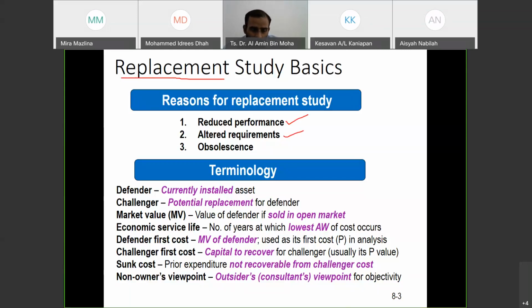Maybe if you are in a manufacturing firm, you have certain machines to do certain things, but later on after 10 years, the technology changed. You want a more automatic operation, so you need new machines instead of the traditional machines. Also, obsolescence means outdated.